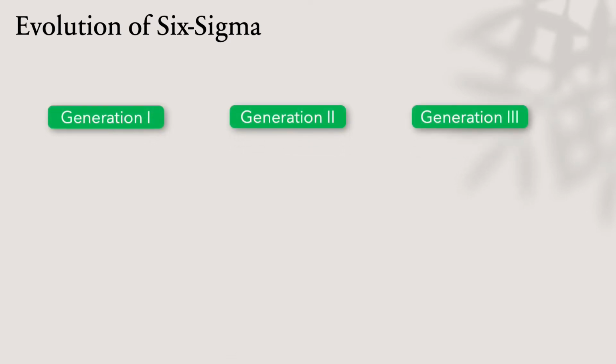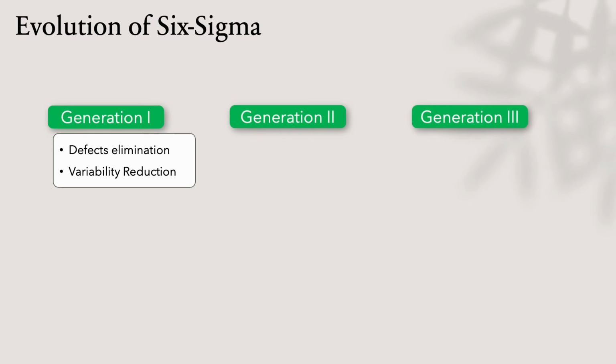The first generation was of course developed by Motorola, and the focus of that generation was defect elimination, eliminating the defects as much as possible, and reducing the variability. Reducing variability means reducing the standard deviation.